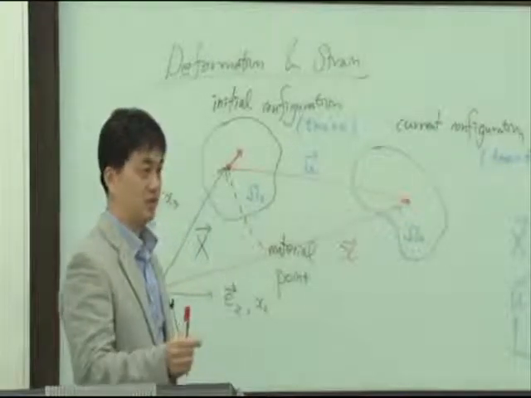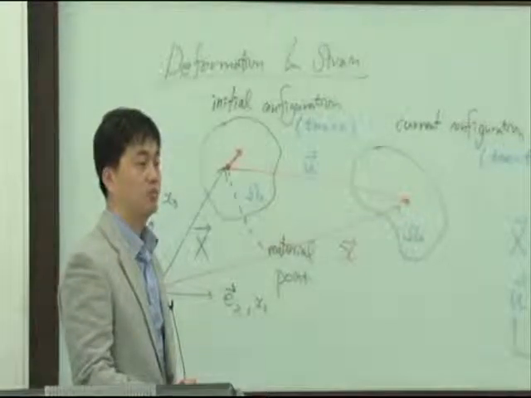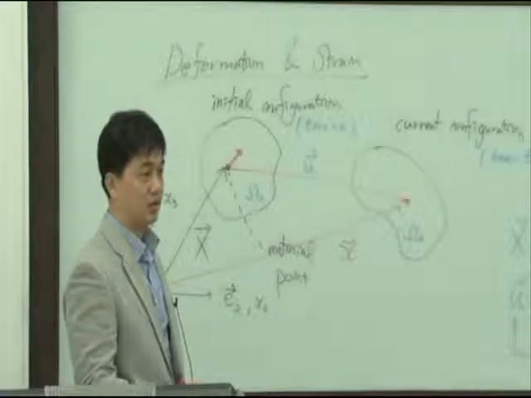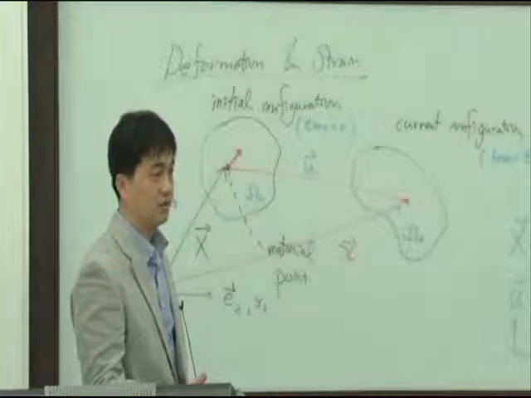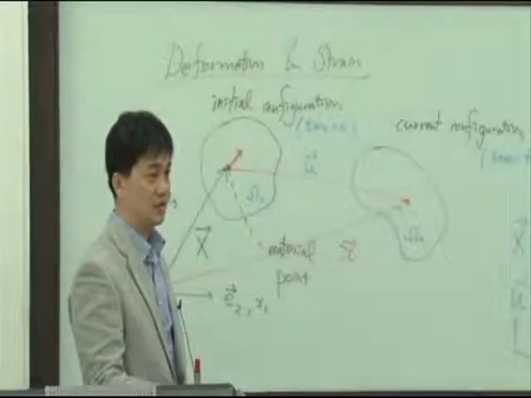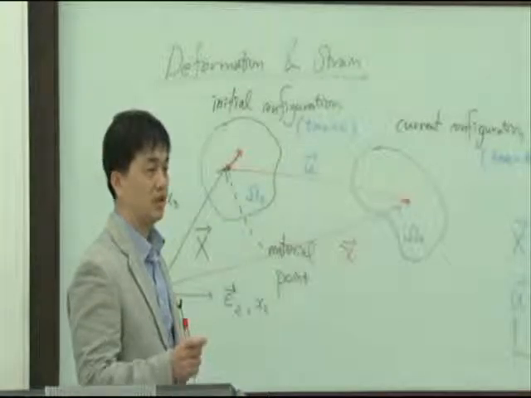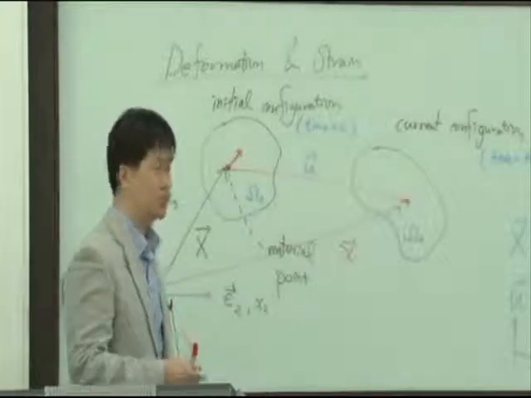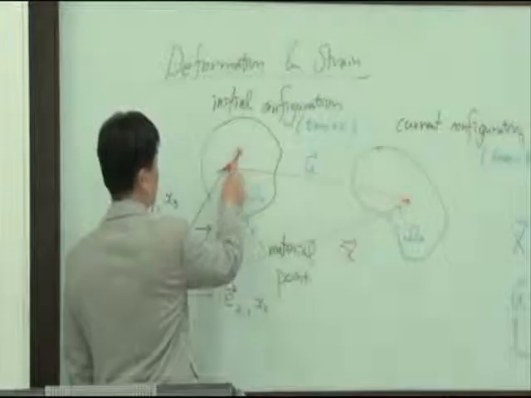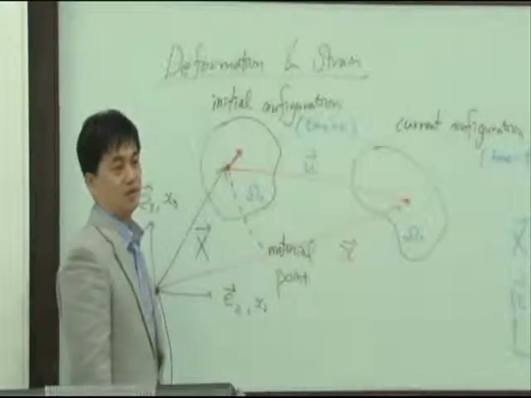Then to define a vector, how many points do we need? A vector has a direction, right? So at least we need to know two positions, a starting position and an ending position, right?